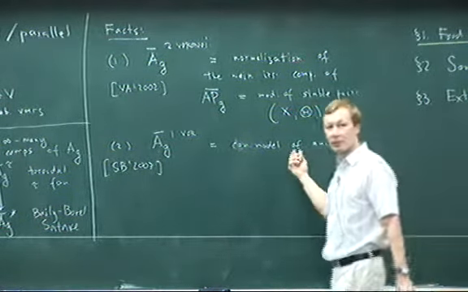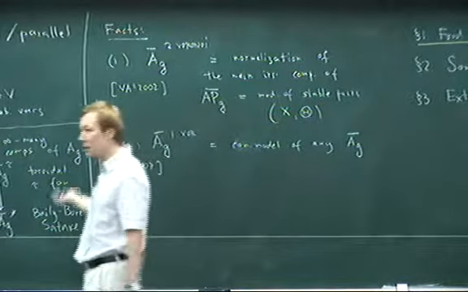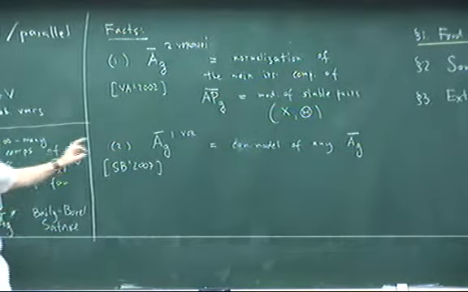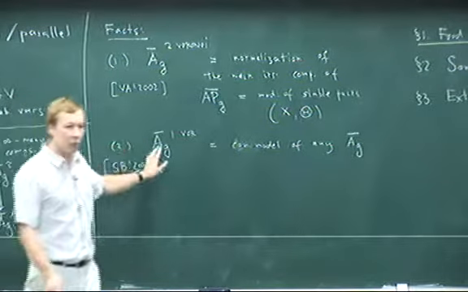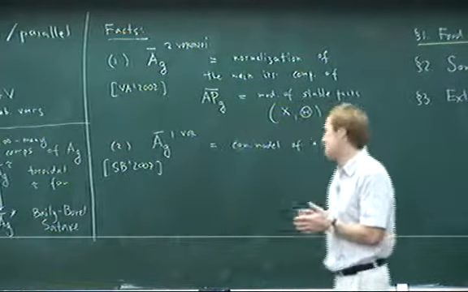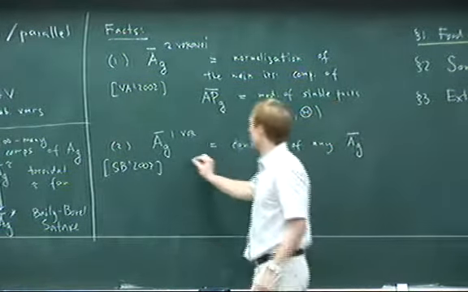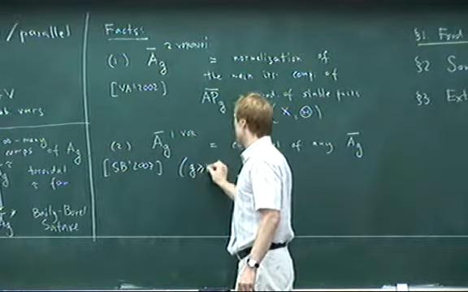Take any smooth compactification of A_g. There is a unique canonical model, and it's this one, for the fan called the first Voronoi. And this is for g starting with 12.